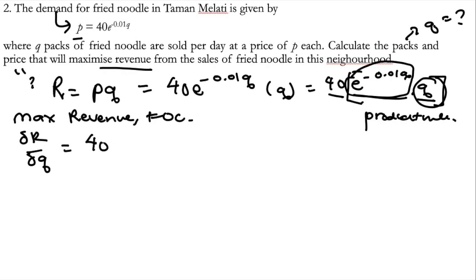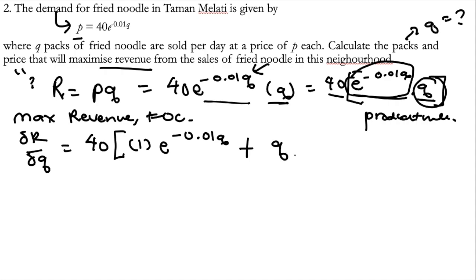So 40 stays the same. I'll do it this way. I'll differentiate this first. This one, leave it just like that. When I differentiate Q, it becomes 1. E to the power of minus 0.01 Q stays the same. Because I'm using the product rule, now I add a plus sign. Then I differentiate this E, and Q is constant. So Q stays the same, but I need to differentiate E. Now, how do I differentiate E?